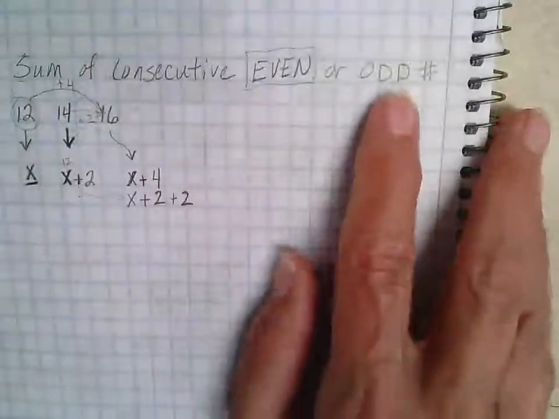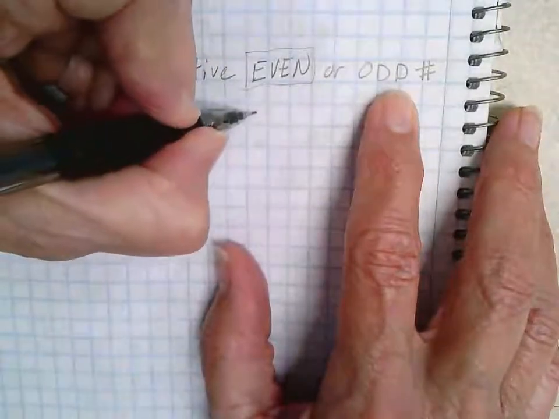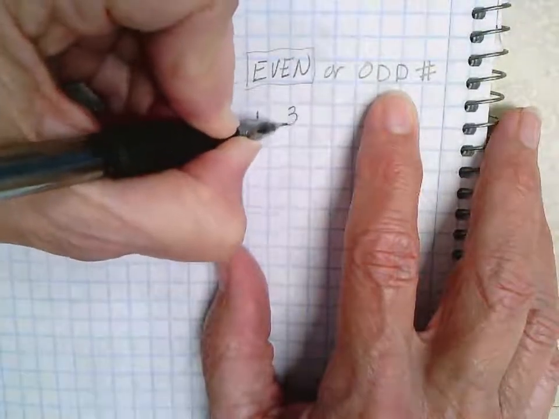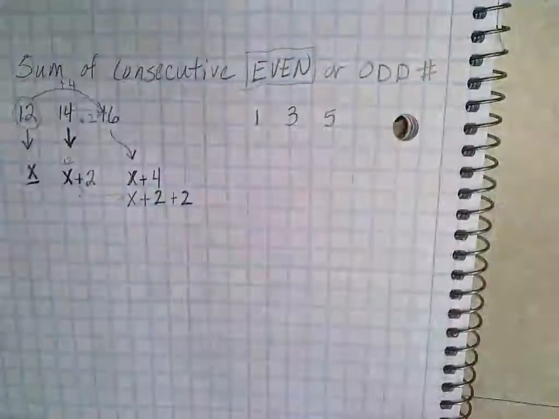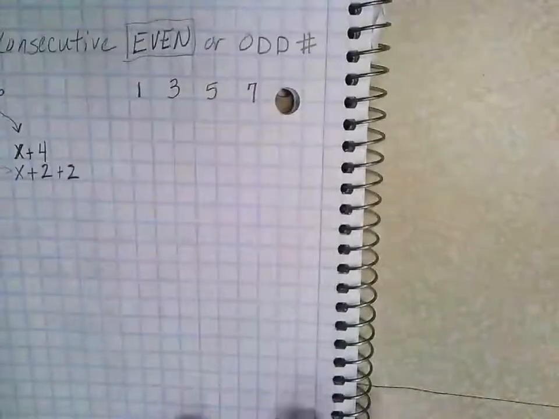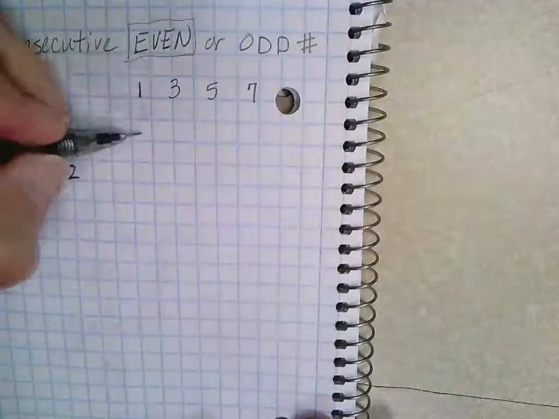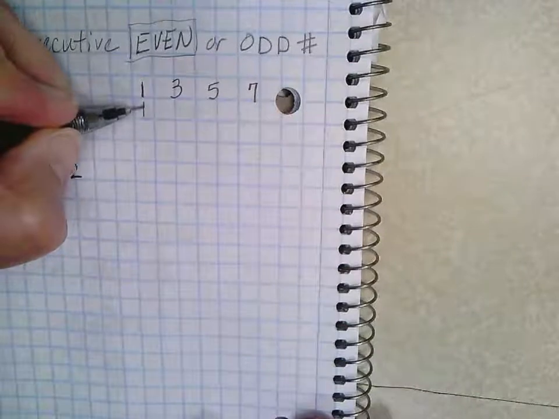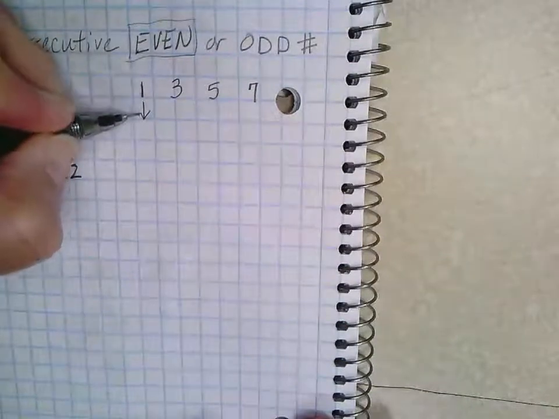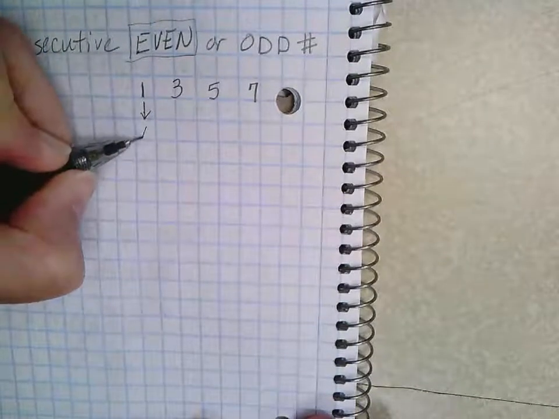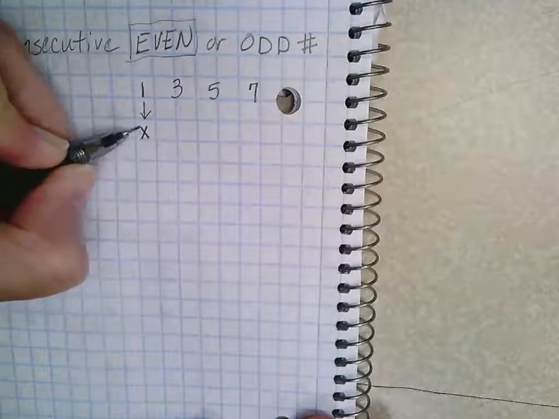What about if I had consecutive odd numbers? And we'll just do easy ones here. And we'll just even do a fourth one. So if I have consecutive odd numbers, again, my first number is always x. This number is always x. So here is x.